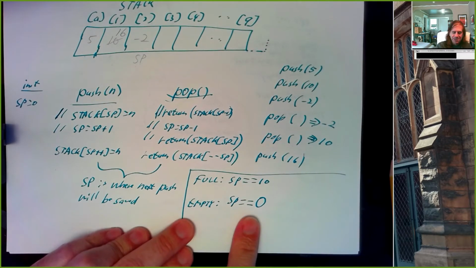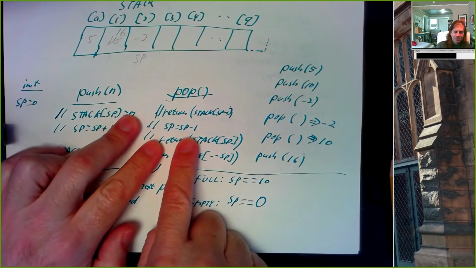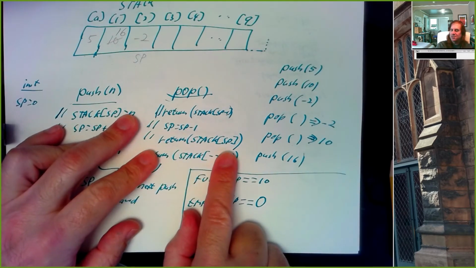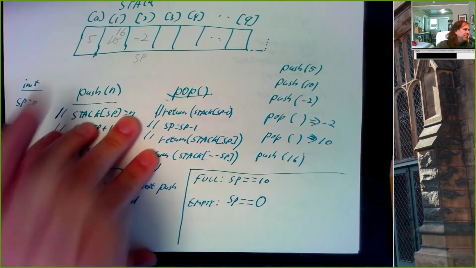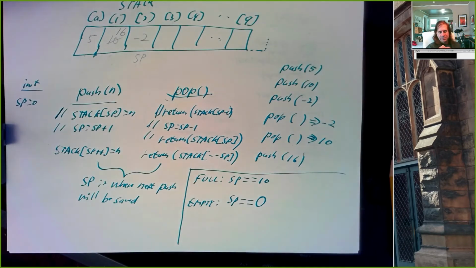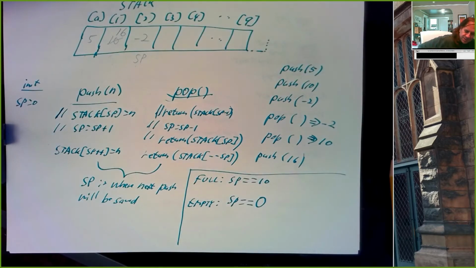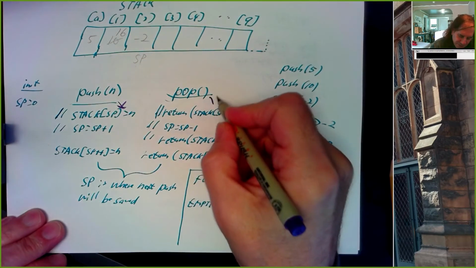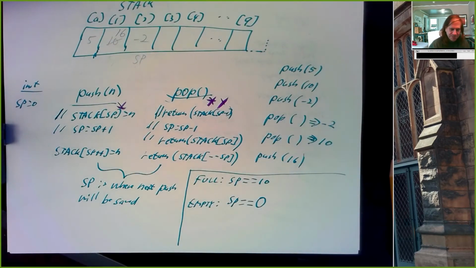Well, if SP is 0 and we try to pop, we're going to subtract 1, which will make SP minus 1, and we'll try to read element minus 1, and that's an error condition also. So for this implementation, there's your edge conditions. And so before we push, we'd want to check to see if the stack was full. Before we pop, we'd want to check to see if the stack was empty.